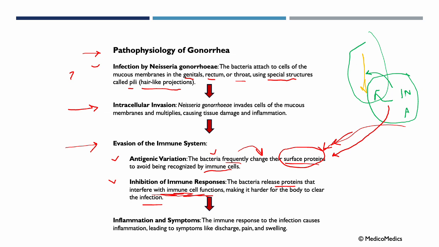So all in all, it makes it harder for our immune system to actually deal with this bacteria. However, upon recognition, we will still see the normal immune response to the infection, which leads to the process of inflammation. And inflammation then presents with symptoms like discharge, pain, and swelling.